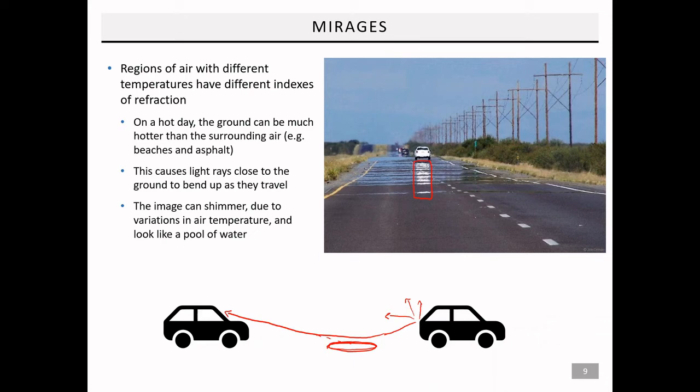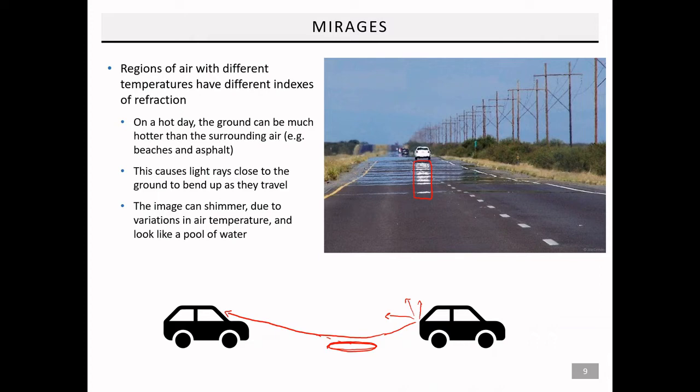Due to variations in air temperature and movement of the air, the light that's passing close to the ground can appear like it's shimmering. Okay, and this can make it look like there's a puddle of water on the ground.